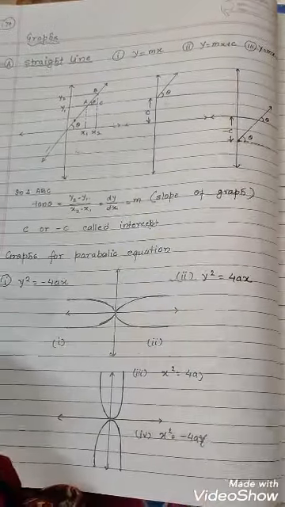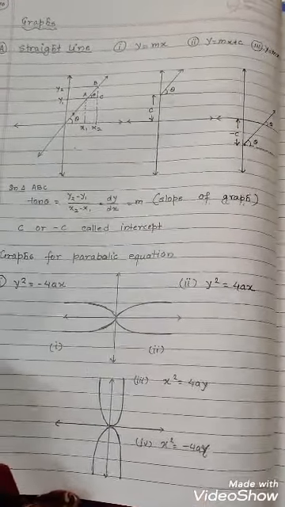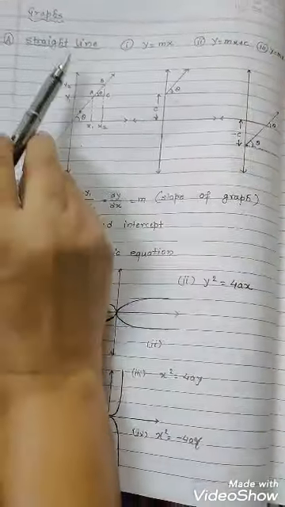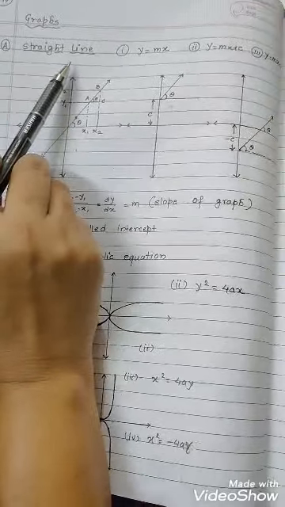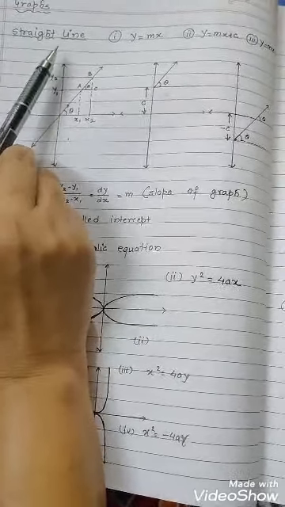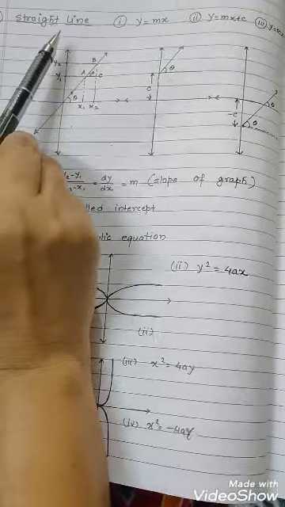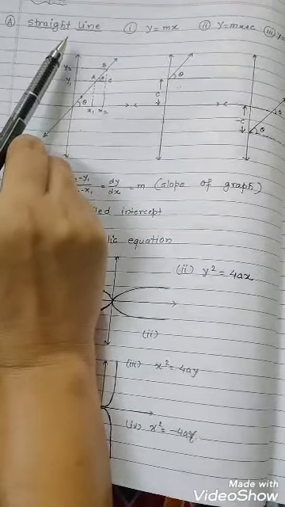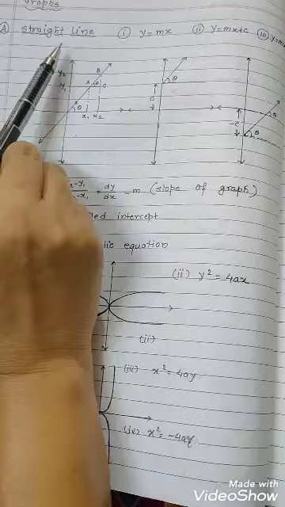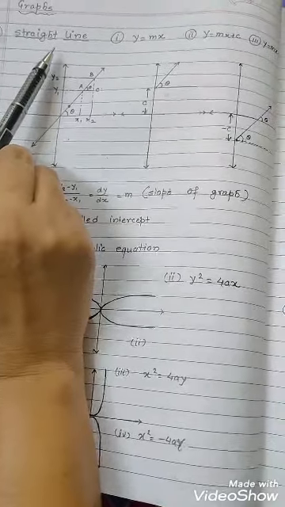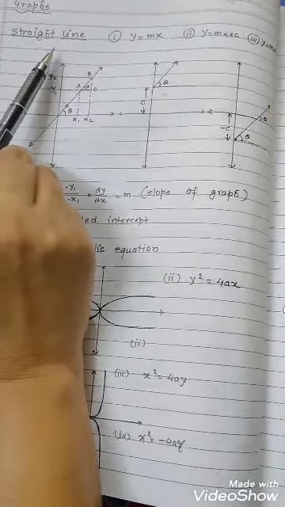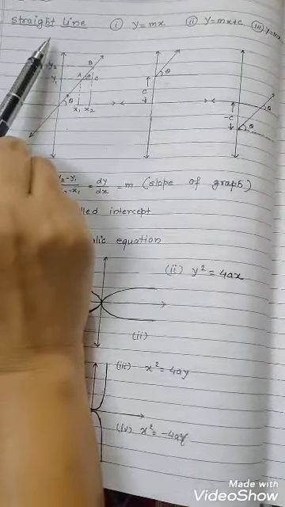In mathematical tools, now you will see graphs, the straight line graph. You know that for a linear polynomial you will always obtain a straight line graph, and for two physical quantities which are in direct proportion, you will also get a straight line graph.